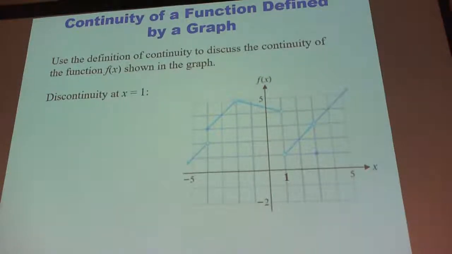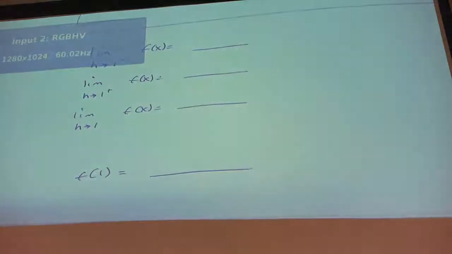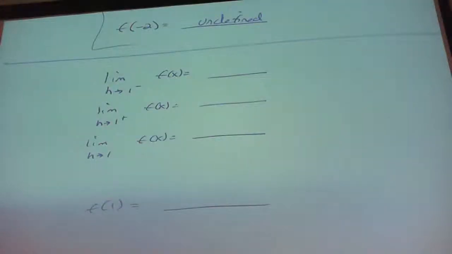And here are the symbols. The limit as h approaches 1 from the left, what number is it? The limit as h approaches 1 from the right, what number is it? And the limit as h approaches 1, sorry. And then what happens when you plug in 1?